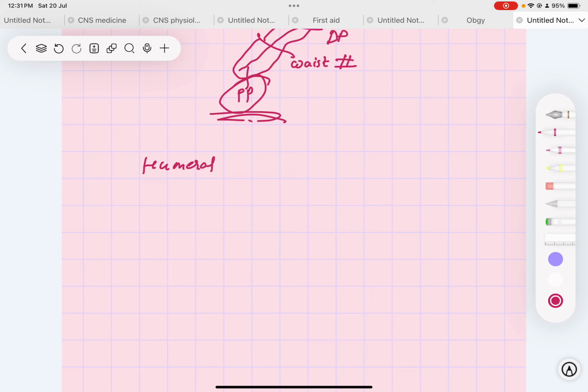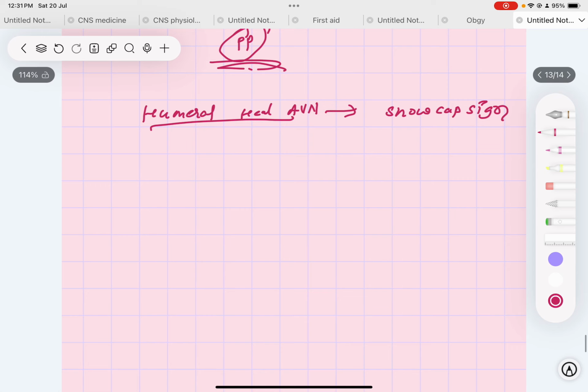Now humeral head avascular necrosis is the same as femoral head, in which you can see the snow cap sign. But the talus is different, in which the body will go to avascular necrosis.